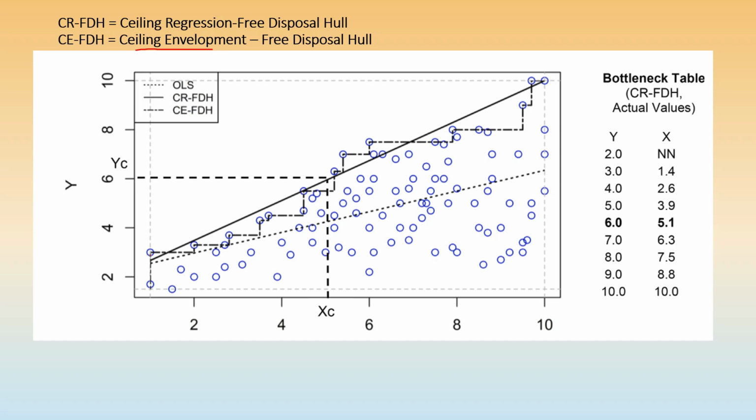Now this CE-FDH or ceiling envelopment line is basically the line that covers the largest empty space above it, and it is recommended for discrete data or when the scatter plot is irregular. The ceiling regression line is basically a linear regression on the upper left points of the CE-FDH line, and this one is recommended for continuous data or when the pattern of observation near the ceiling line is approximately linear.